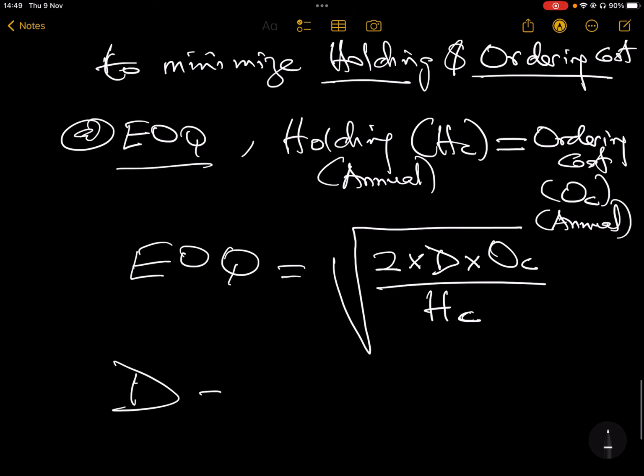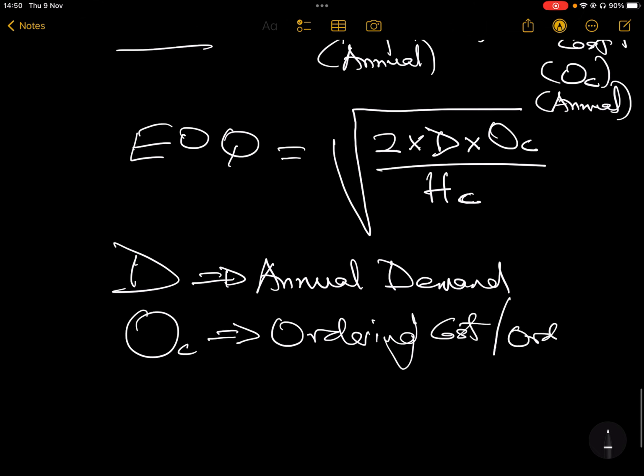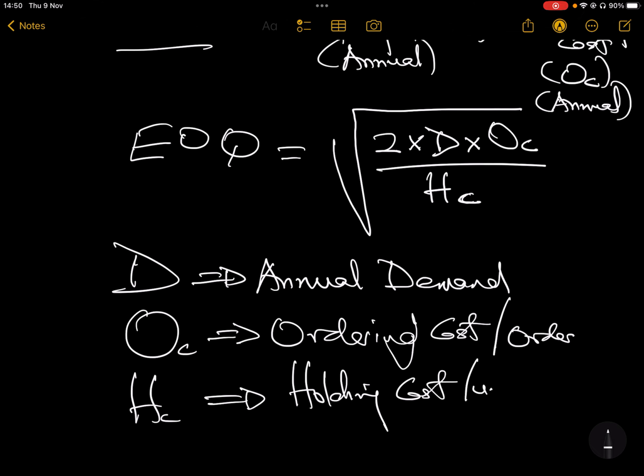So remember, D is the annual demand, which is the total quantity you need in a year. Then OC is your ordering cost for every order, so per order. And HC is the holding cost per unit in a year.